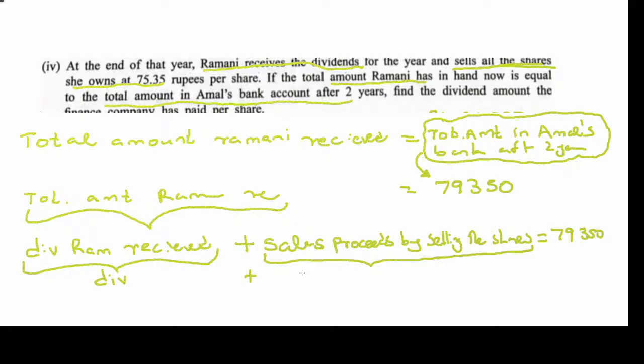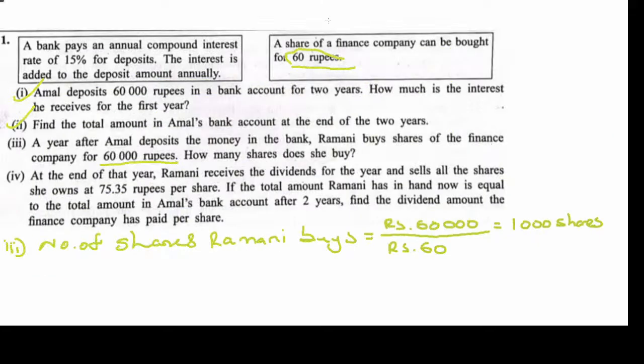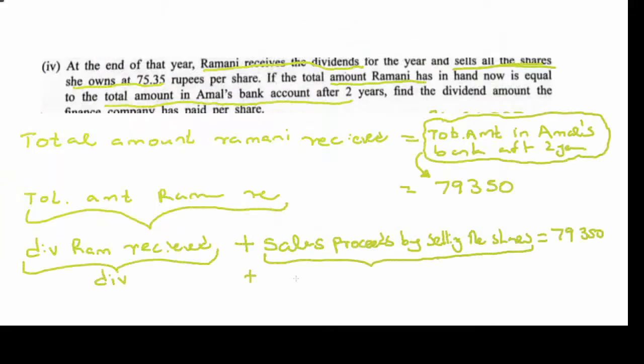Where did we find that? In Roman 3 we found out Ramani bought 1,000 shares. Now she's selling all the shares. So how much can she earn by selling shares? 1,000, that's the number of shares, times 75.35 rupees, for which she is selling a share, equals 79,350.